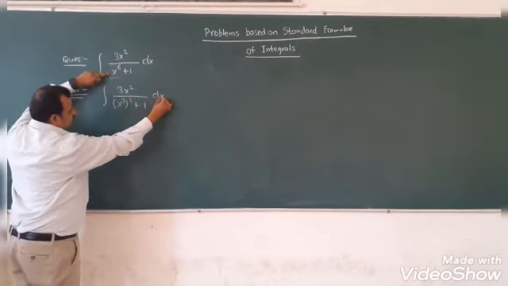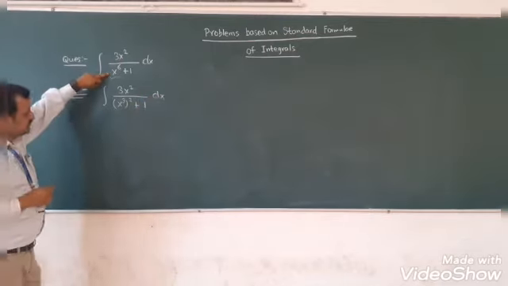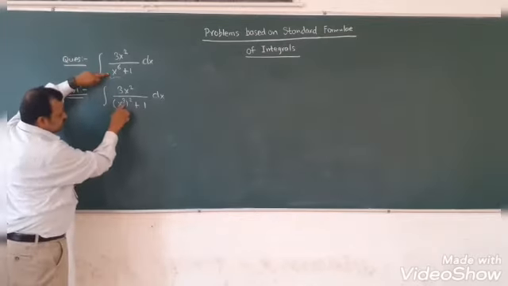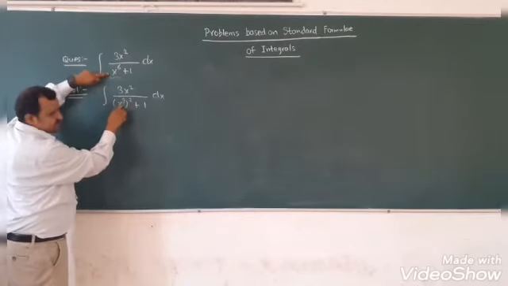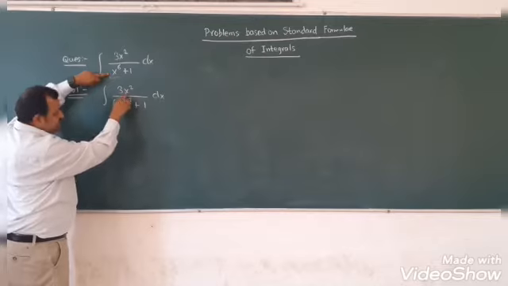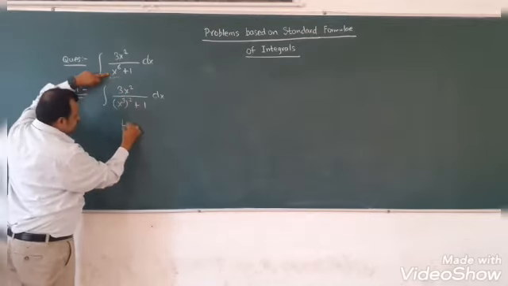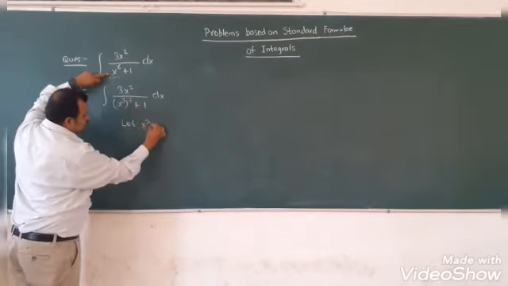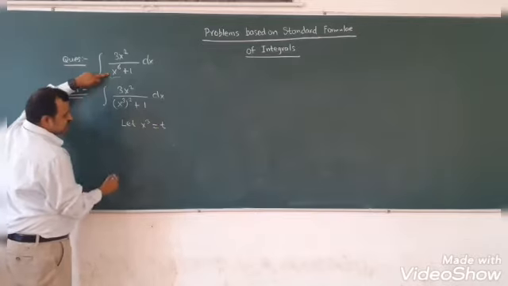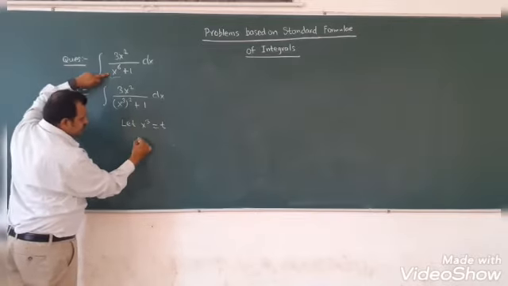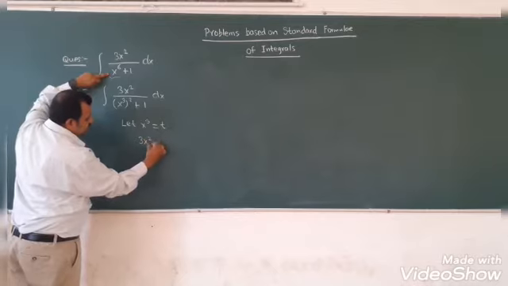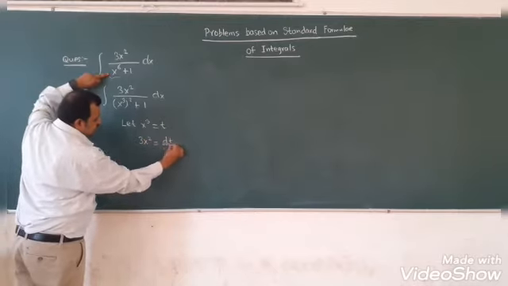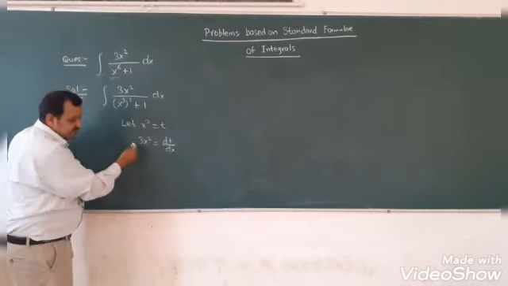Can we write or not? Yes or no? Now see here. x cube is here. Differentiation of x cube is what? 3x square. So I am assuming let x cube is equal to t. Differentiate. What is the differentiation of x cube? 3x square is equal to dt by dx. Now dx I am shifting this side.